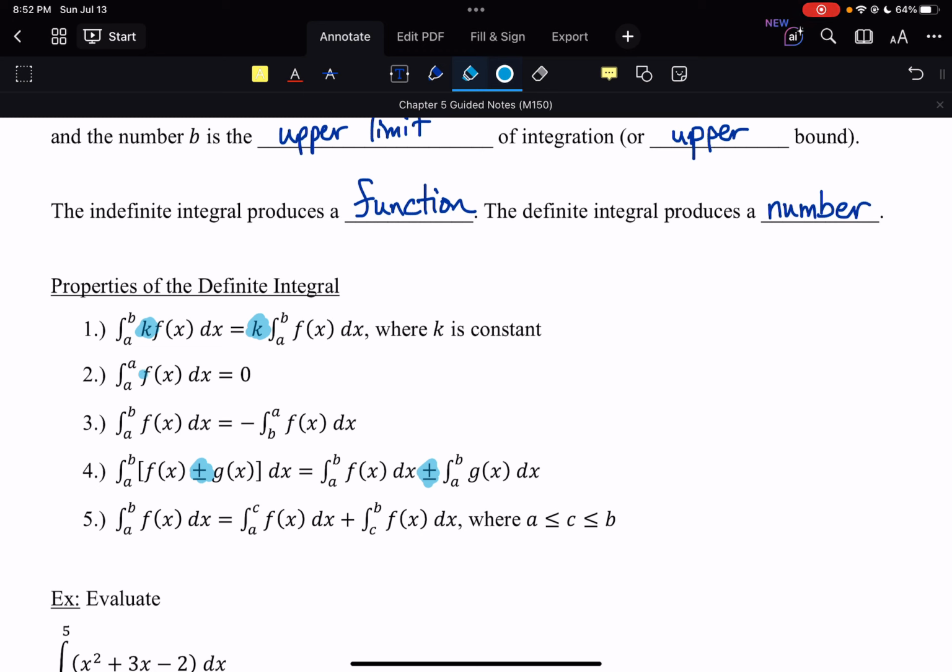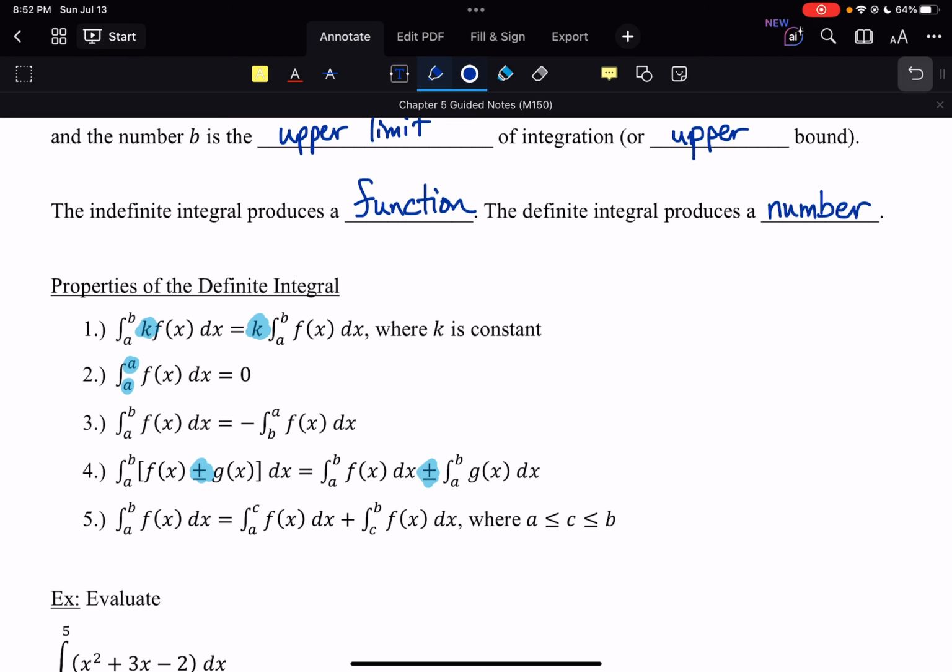For the second one back up here, if you take the integral from a to a of f of x, that means on the graph, here's the function f. You're going to evaluate the integral from here to itself. And so we didn't accumulate any value in here, so we're getting a number 0 for our output.